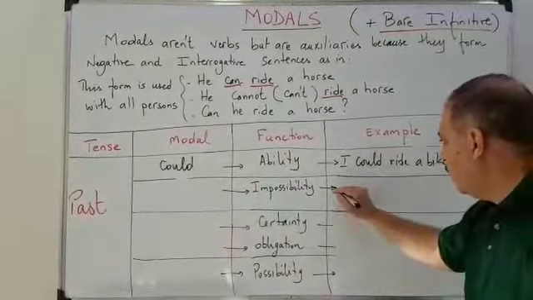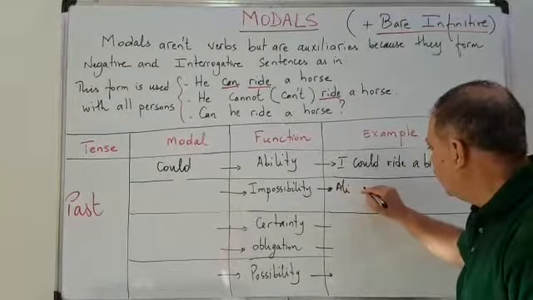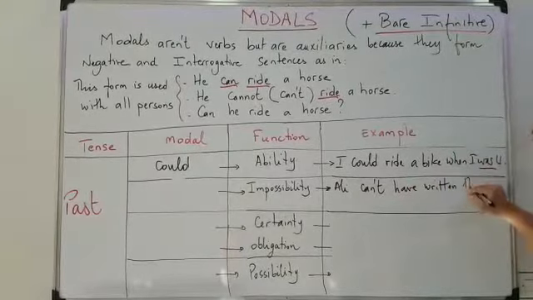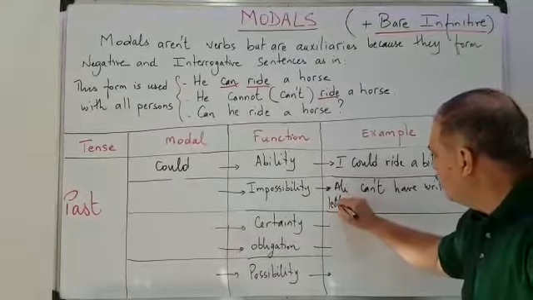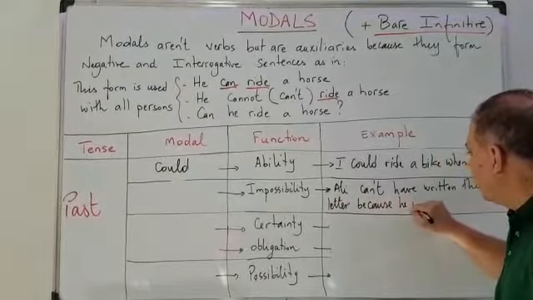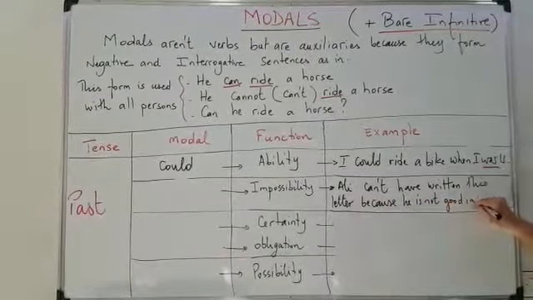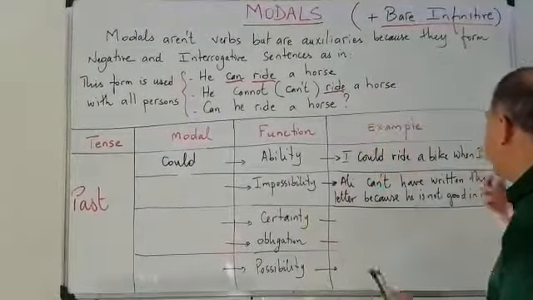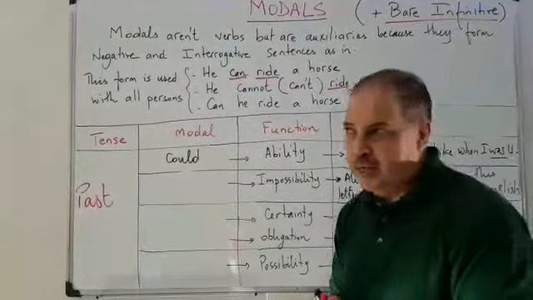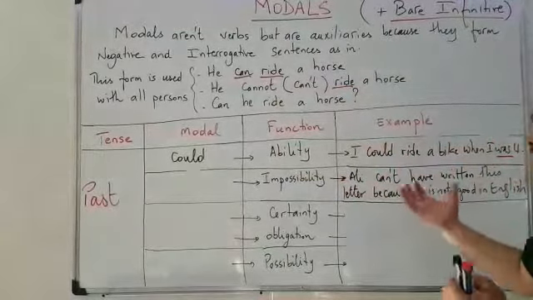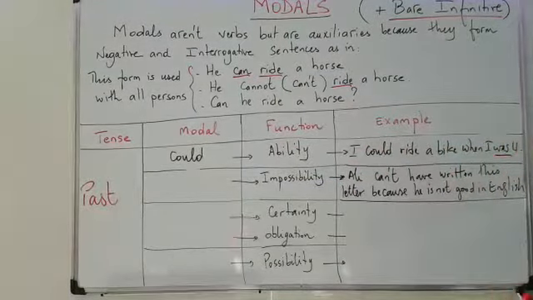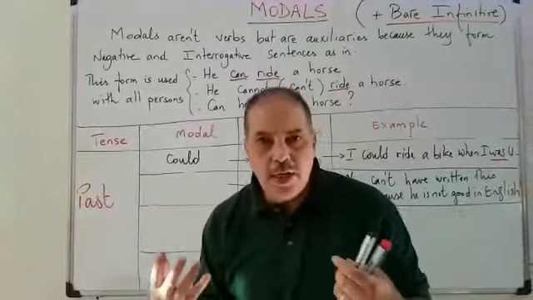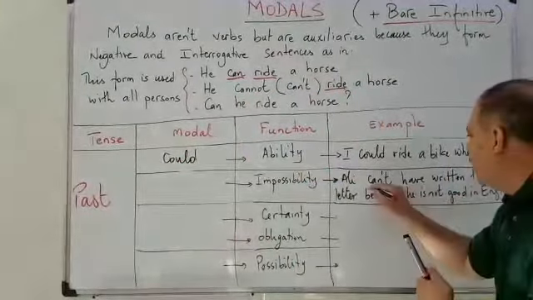For example: Ali can't have written this letter because he is not good in English. المعنى ديال هذه الجملة هو أنه غير ممكن أن علي يكتب هذه الرسالة اللي هي بالإنجليزية لأنه كنعرف أن علي غير متمكن من اللغة الإنجليزية. استحالة هنا في الماضي.